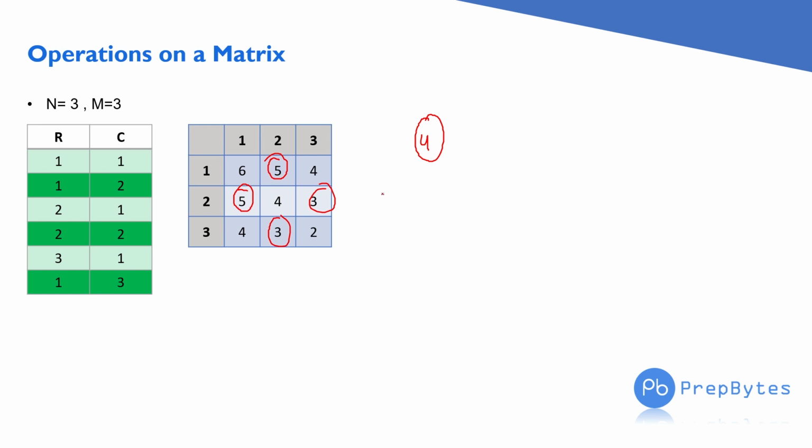A simple approach comes to mind, whatever we have just seen, that is one kind of approach. Just create a matrix of n into m size, put 0 in all positions, and one by one for each query change the matrix.